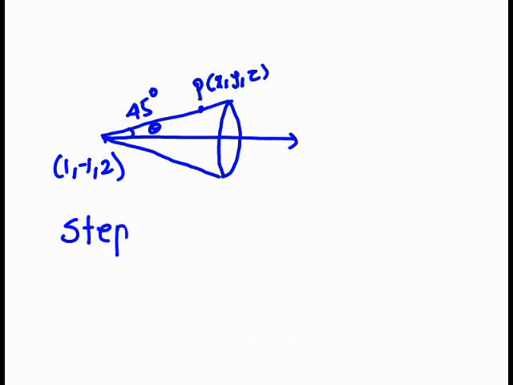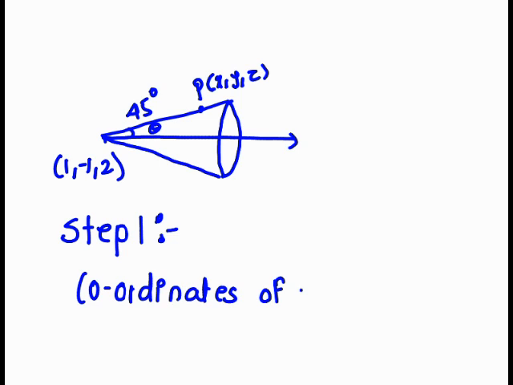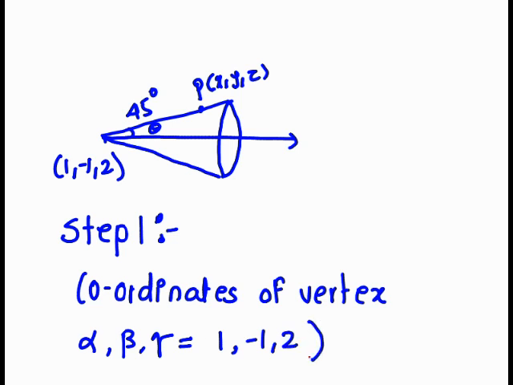They have given the coordinates of the vertex, that is alpha, beta, gamma is equal to 1, -1, 2. So from the given question itself, we get the information about alpha, beta, gamma.